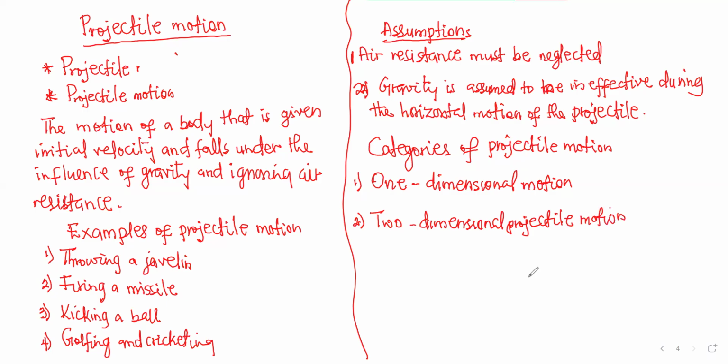So which one falls under one-dimensional projectile motion? When golfers hit the golf ball with a stick. Let's create a scenario. The golf ball is here, and they use their stick to hit it, and it will move through the air and finally drop to the ground.